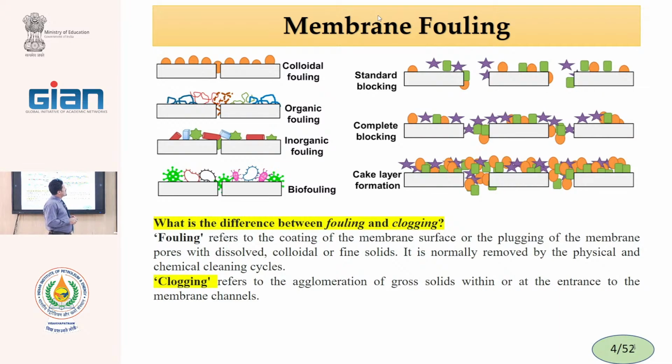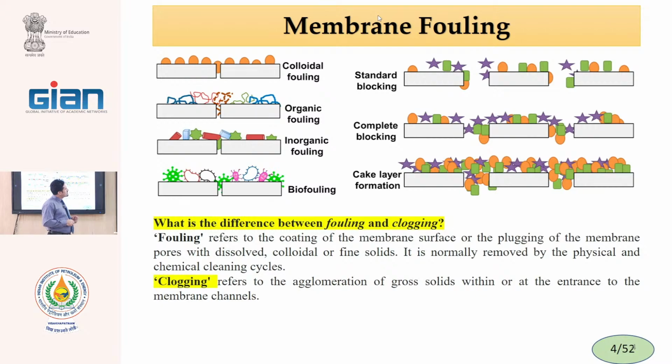We have standard blocking. That means the pores are open in standard, but the molecules, the foulants, attach and adsorb on the surface of the pores and reduce the diameter. In standard fouling, the pore size reduces and the flux reduces because some of the pollutants can adsorb on the pore side.